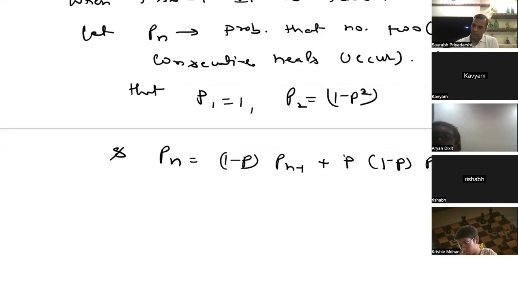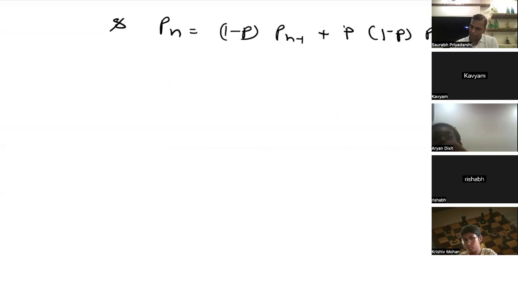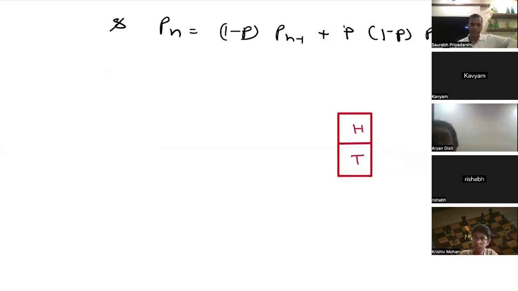Means you are saying this is P nth. This is the nth one, right? Either this is ending with head or tail. If this is tail, then before it can be anything, heads or tails.